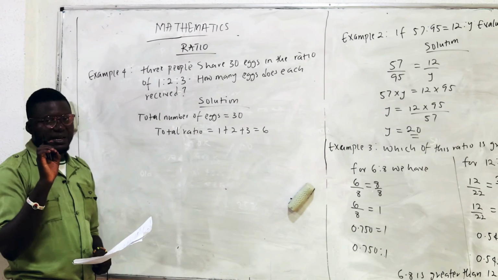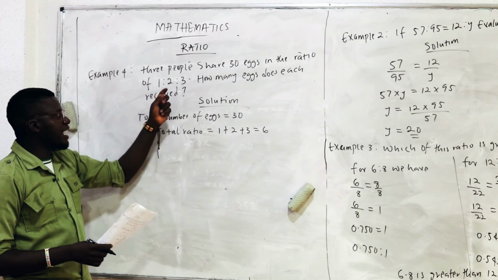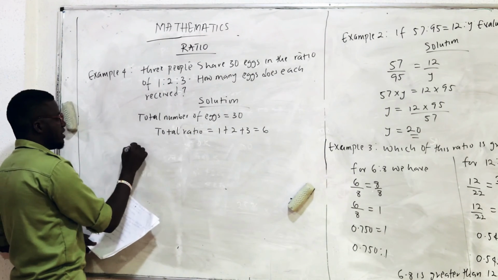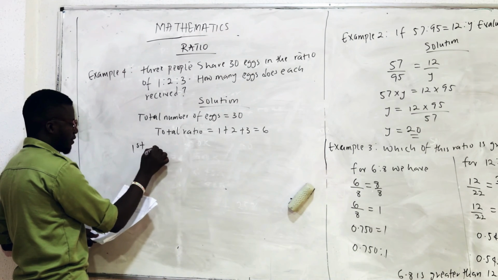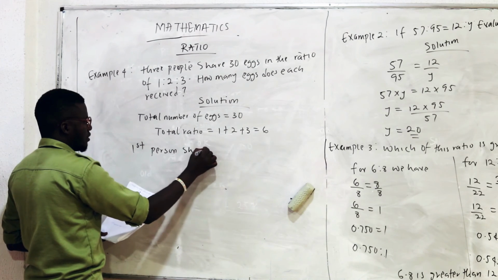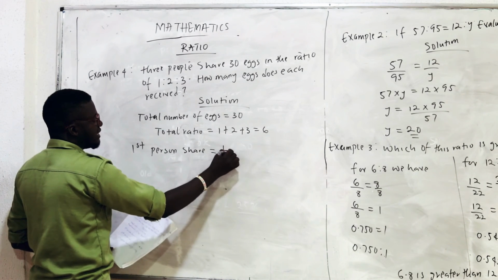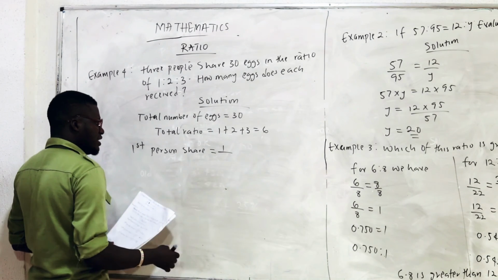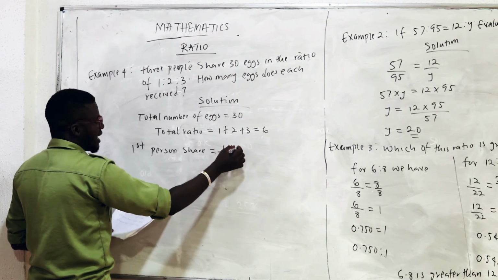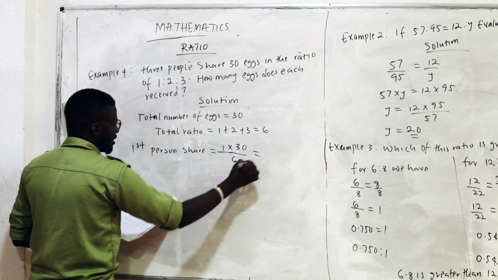Now I'm going to pick it separately. How many eggs will 1 have? How many eggs will 2 have? And how many eggs will 3 have? So I'll write it this way. First person. So my first person share is going to be equal to 1 divided by the total ratio, that is 1 times the total number of eggs shared, which is 30, then divide by my total ratio, which is 6.